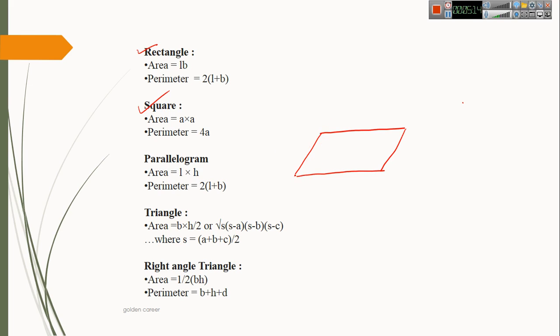But if we consider a parallelogram in general, then we have only 3 criteria for any plane figure to be a parallelogram. Opposite sides are equal, meaning AB is equal to CD and AD is equal to BC.